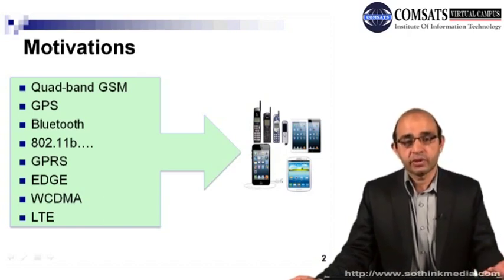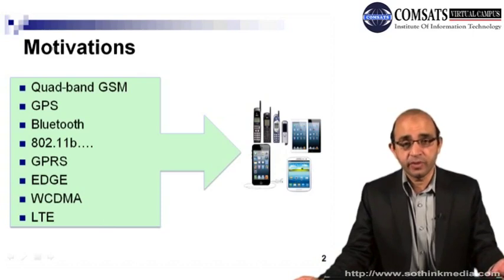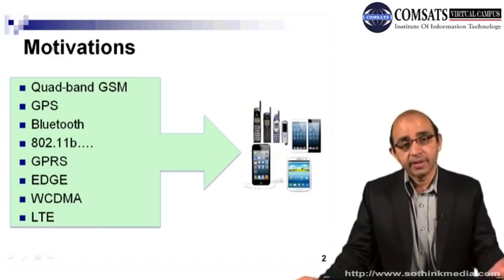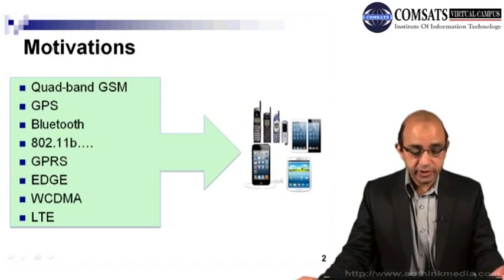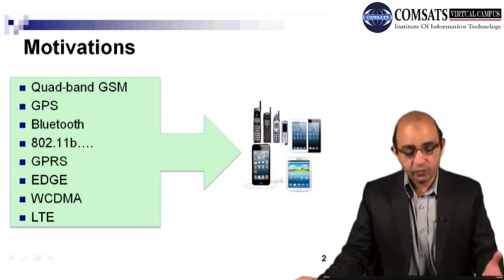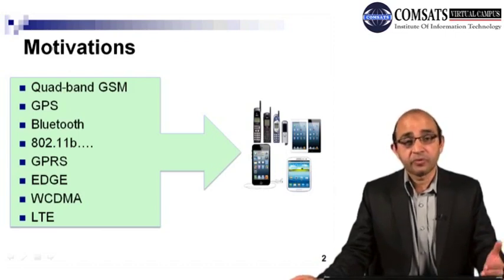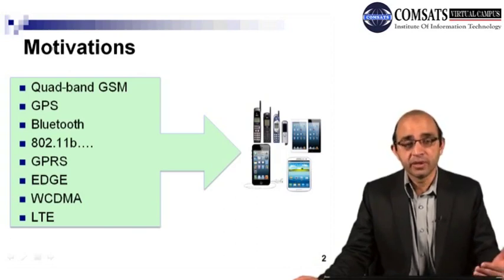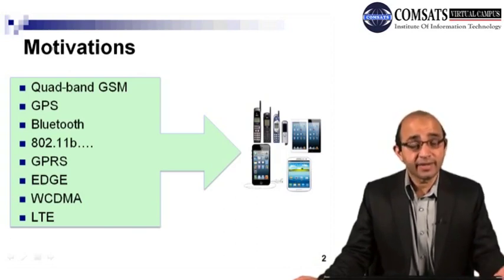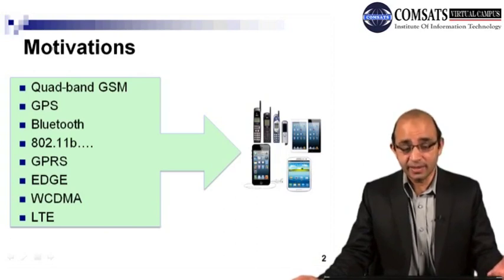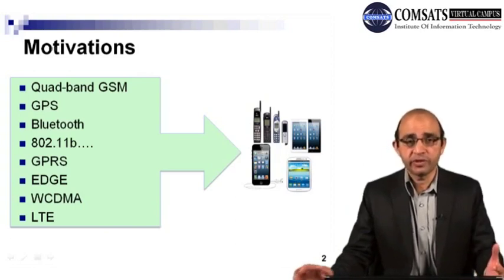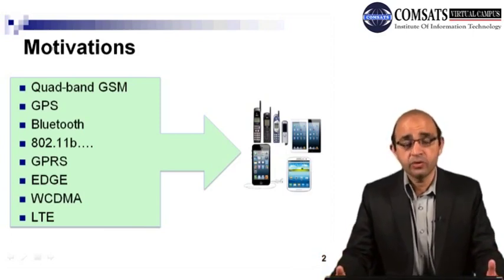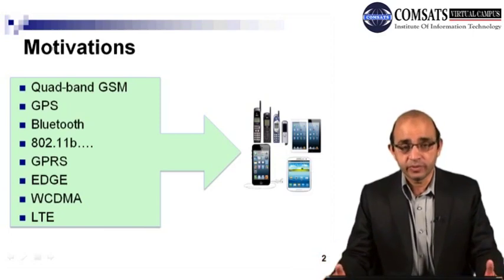I also want my cell phone to be capable of using Bluetooth technology, and moreover I want it to provide GPRS services, EDGE services, and support the higher data rates provided by LTE. So I want to converge all those services into a single handset. So how is it possible?